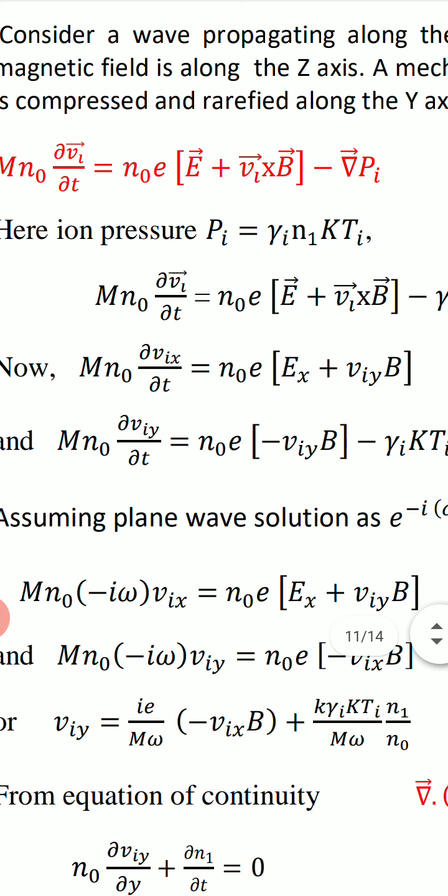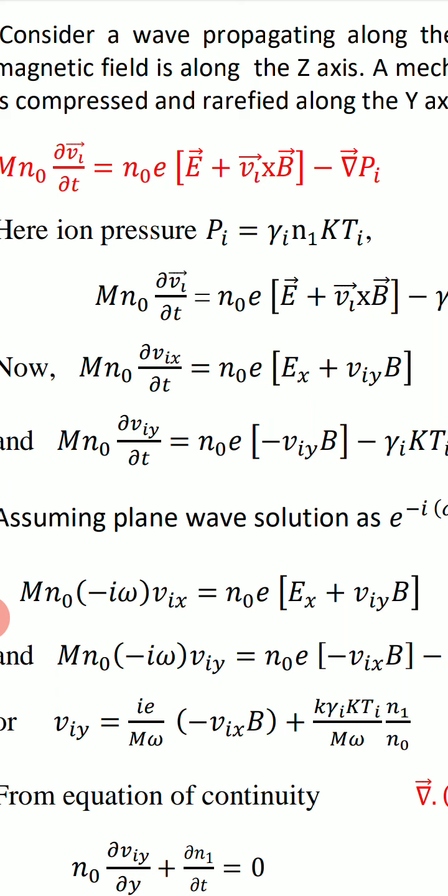In right hand side, the first term is N0 e into E vector plus V1 vector cross B vector. This represents the force on ions per unit volume due to electric and magnetic field. e is charge on each ion.